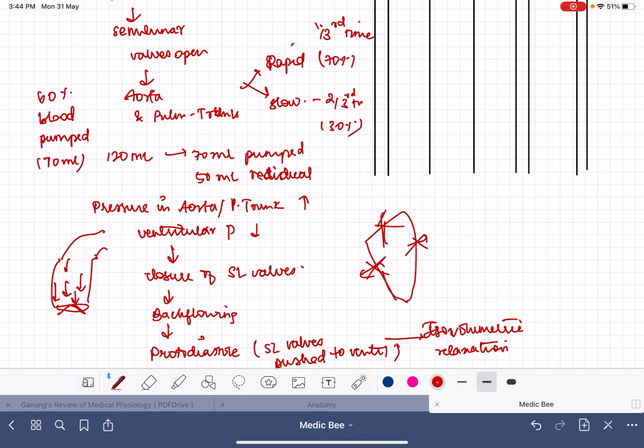Blood, or whatever is inside the ventricles, cannot escape, because the semilunar valves are closed. The semilunar valves are responsible for both isovolumetric relaxation as well as isovolumetric contraction. At this point there will be no change in the length of the muscle fiber, but they are trying to contract.